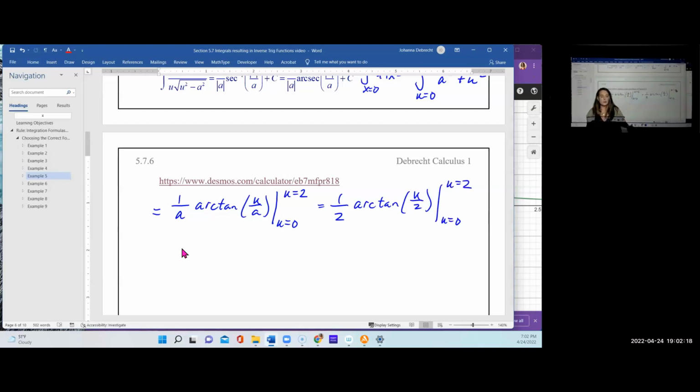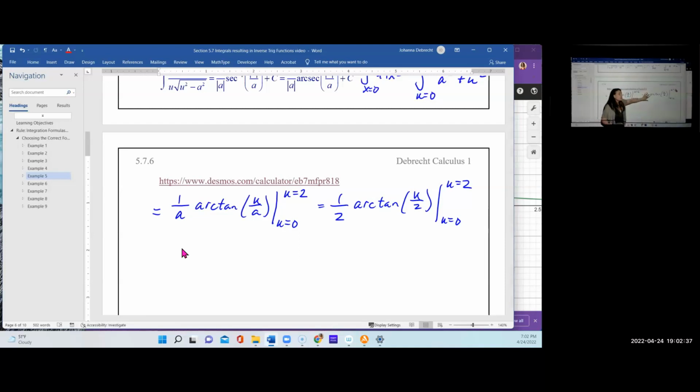Again, you do not normally have to write down what the variable is in the limits of integration. I do it to emphasize that they are u values, and that matches the variable in the expression. Now we're going to substitute them in.